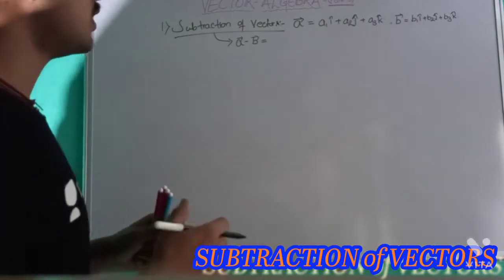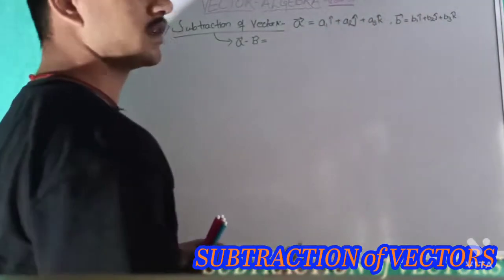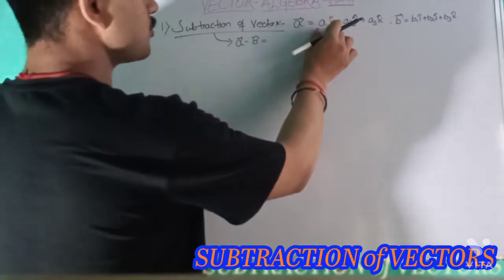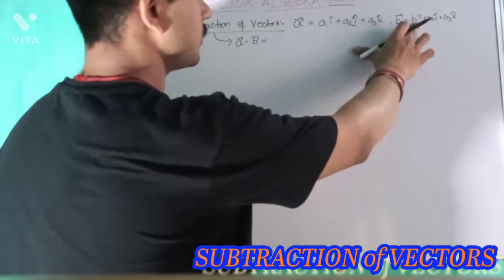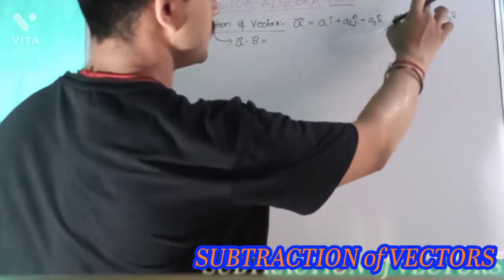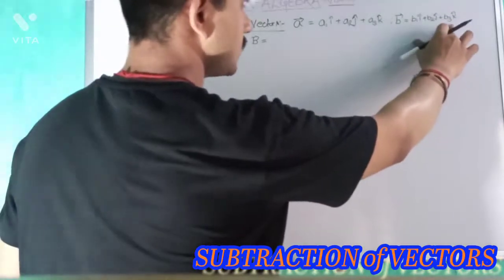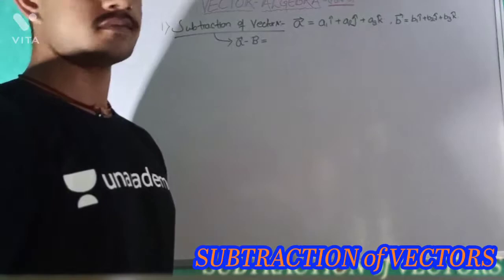So what we do here is the corresponding components will be subtracted from each other. I mean to say that the x component will be subtracted from the x component, then the y component will be subtracted from the y component, and then the z component will be subtracted from the z component of the first vector.